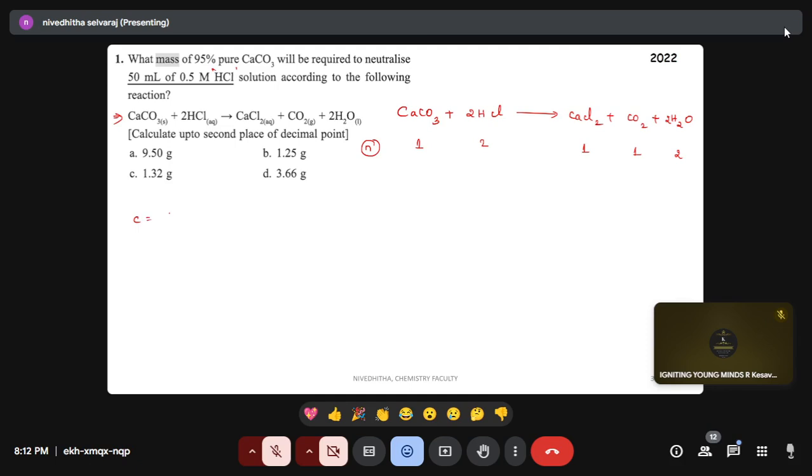Concentration is equal to number of moles by volume. Now we have to calculate the number of moles of HCl. We have the concentration as 0.5 mole per liter and volume as 50 milliliter. So what is the number of moles? Liter and per liter will get cancelled out, so we'll get the number of moles in millimole. So how many millimoles of HCl they have taken?